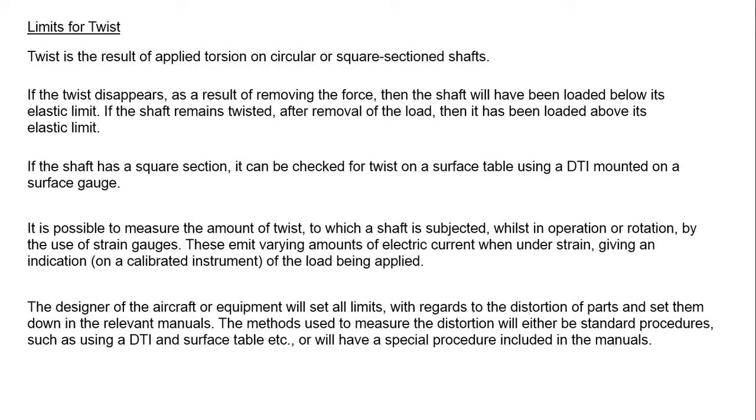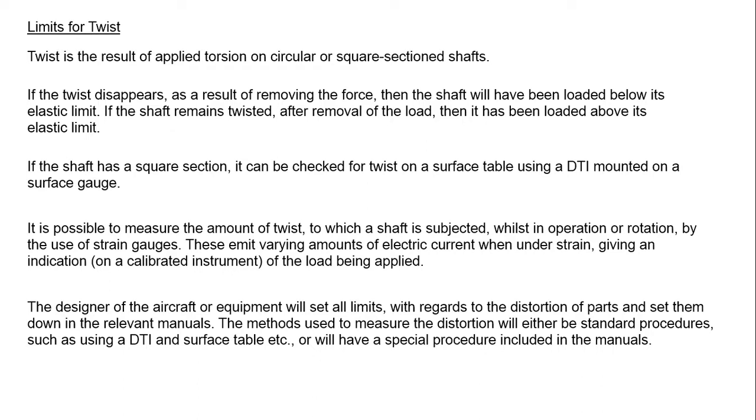If the shaft has a square section, it can be checked for twist on the surface table using a DTI, the dial test indicator or dial indicator, mounted on a surface gauge. The application of the DTI will be shown in the video, which I will also share with you along with this study material.